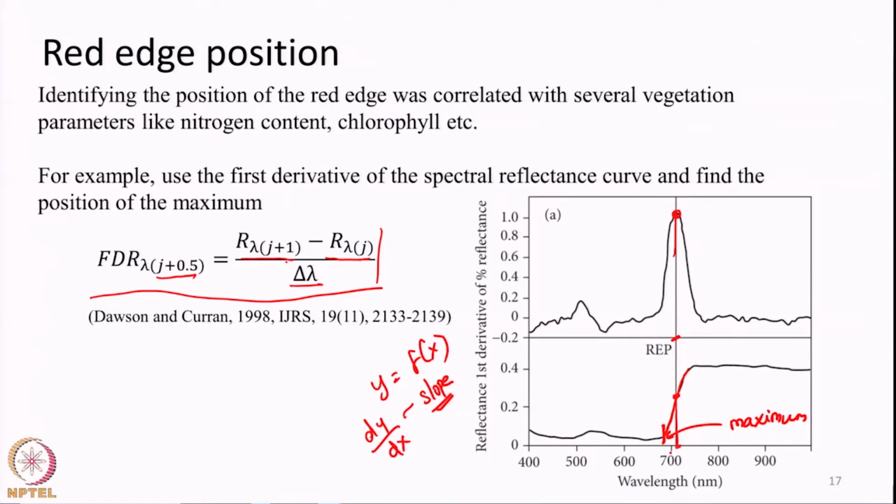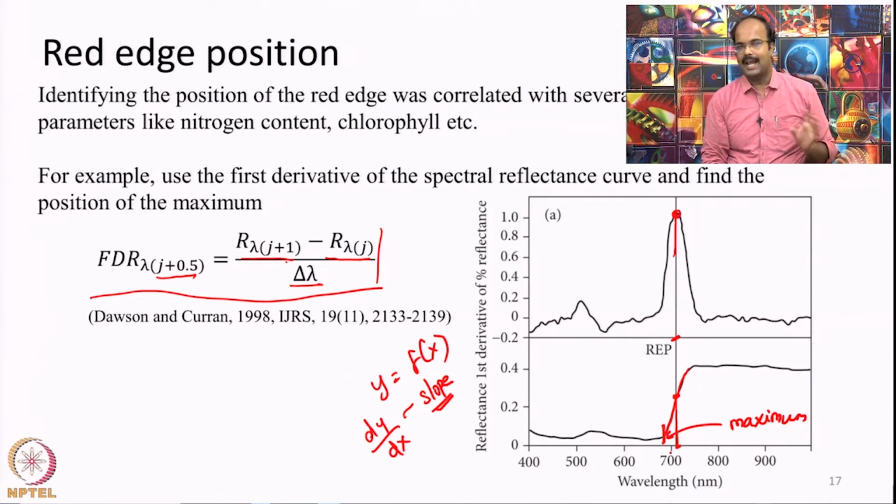This is one of the simplest ways in which the red edge position can be calculated. As I said, there are plenty of ways, and there are separate chapters on how to use the red edge for vegetation monitoring and so on, but we will not go into detail in this course. The main aim of this topic is to introduce the concept of the red edge and its importance.